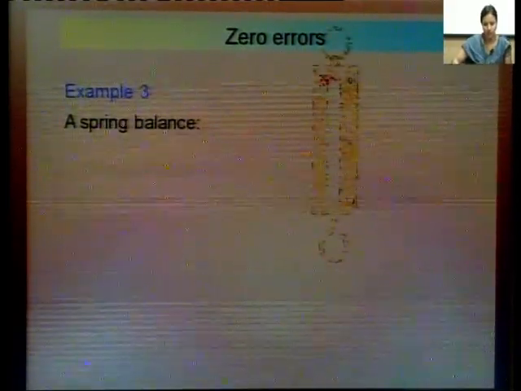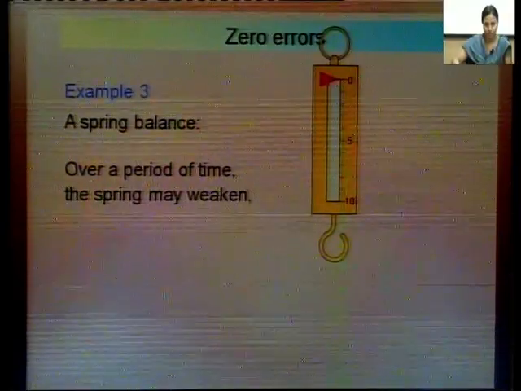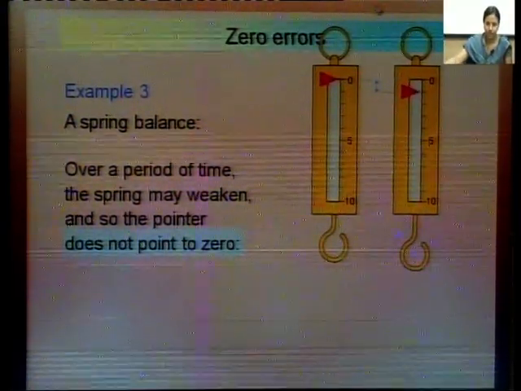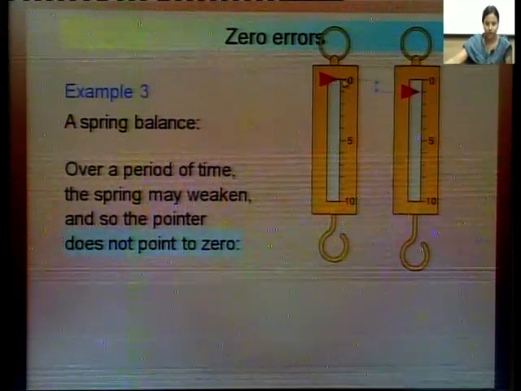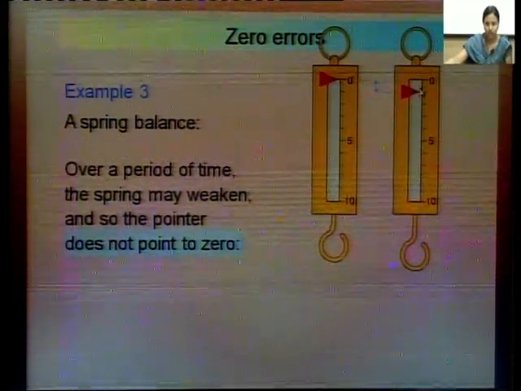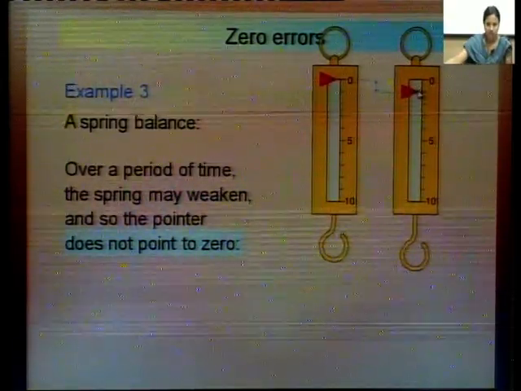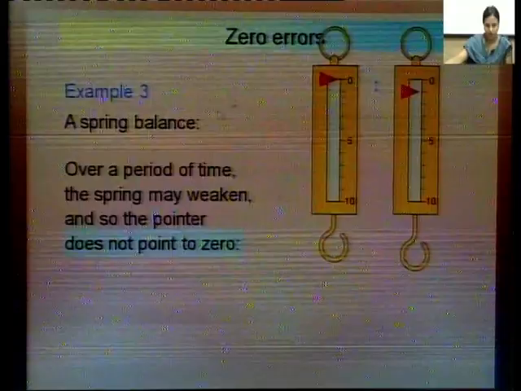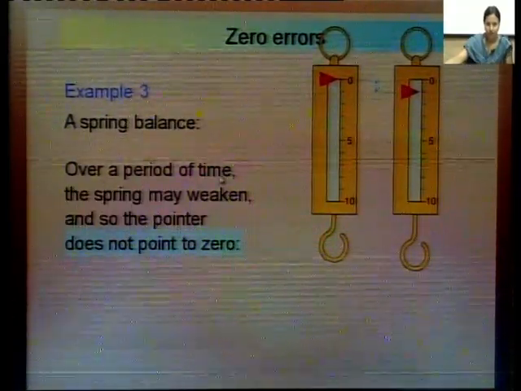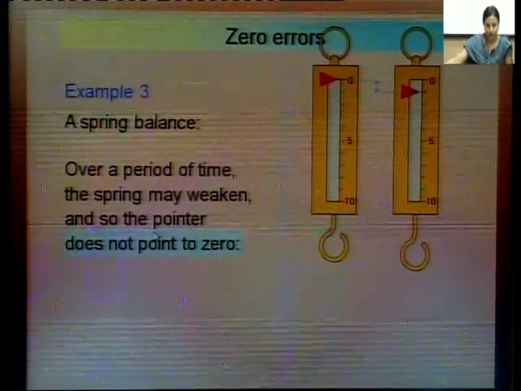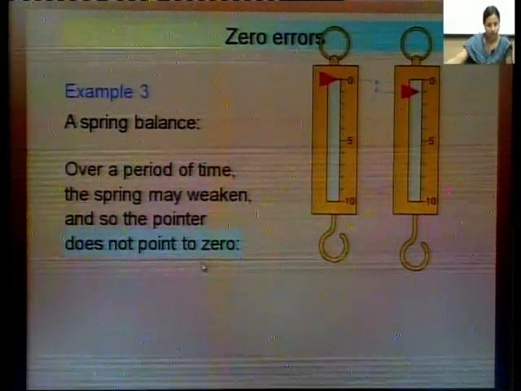Here are some examples of zero error. First one is the spring balance. We know that over a period of time, this point does not come at the 0 point, it shifts from 0. So this gives an error. This is called zero error. Over a period of time, the spring may weaken, so the pointer does not point to 0.